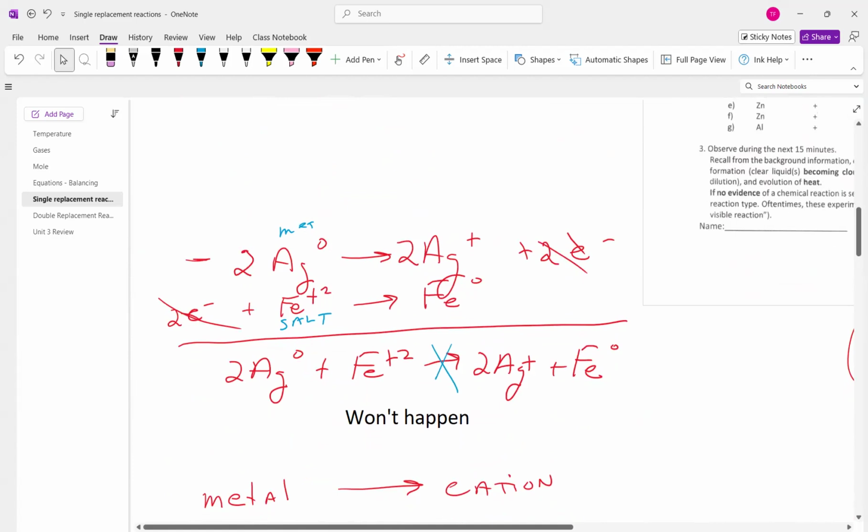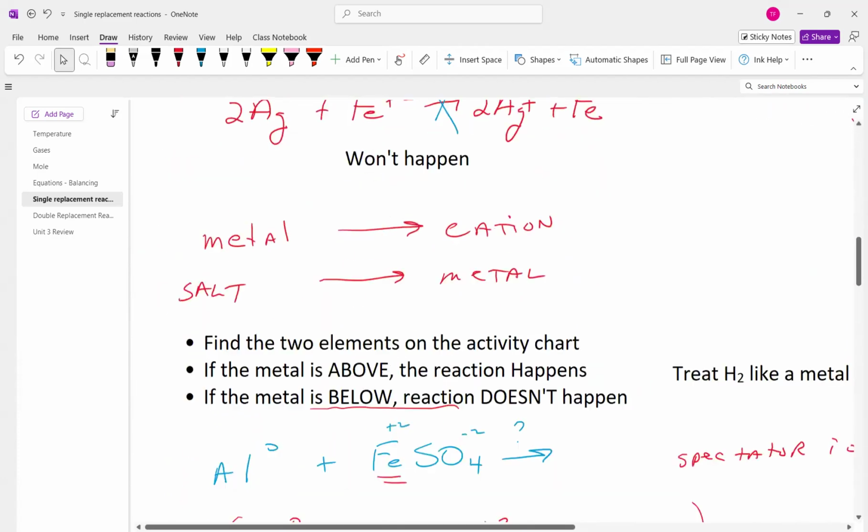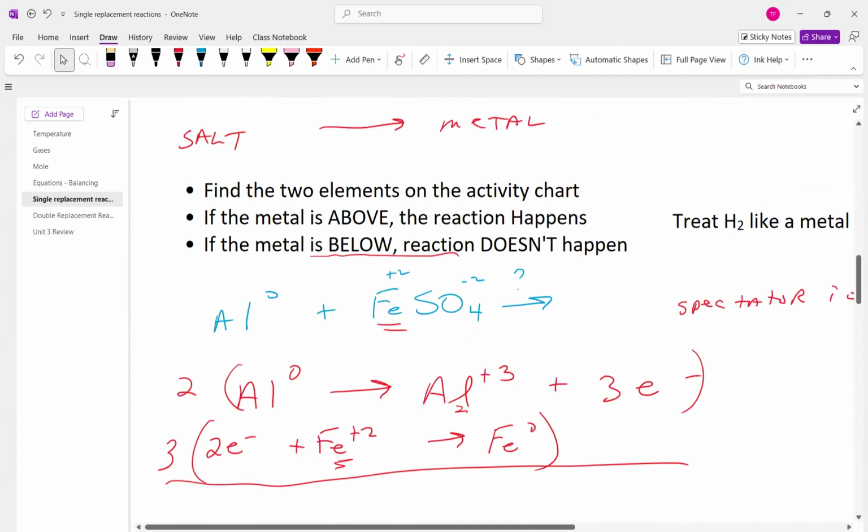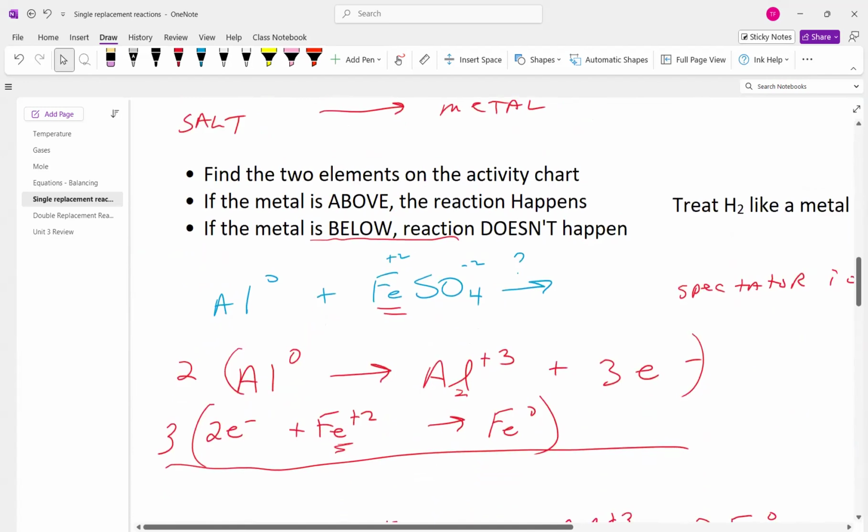Okay, so this is the rule to figure out whether these reactions are going to work or not. Find the two elements on the activity chart. If the metal is above the salt, the reaction happens.